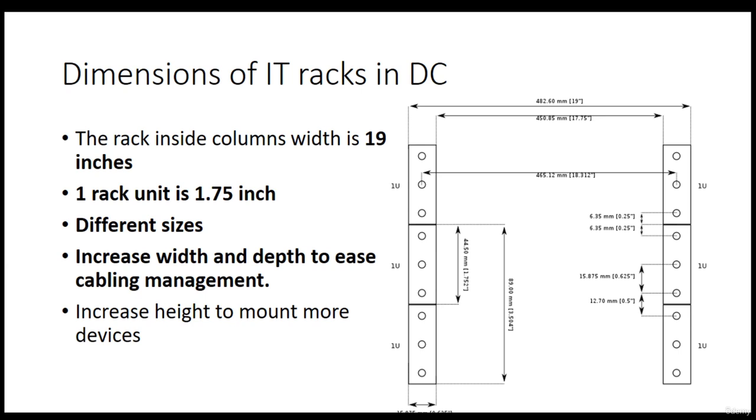Then there is another dimension like 18 multiplier 120 multiplier 42 rack unit. But the optimum one for a data center is the first one, 60 multiplier 100 multiplier 42 rack unit, as it won't consume any extra footprint.